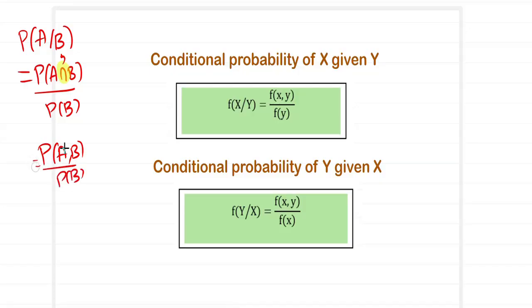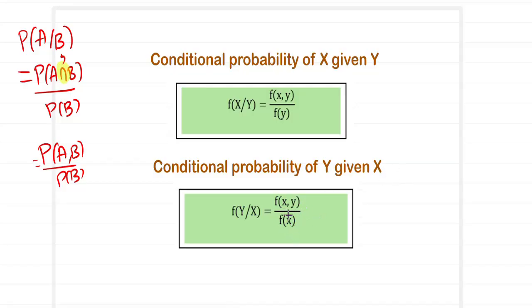Now in the continuous case, f of x given y will be written as f of x comma y by f of y, where the intersection becomes a comma. In a similar way, the conditional probability of y given x will be f of y comma x by f of x.